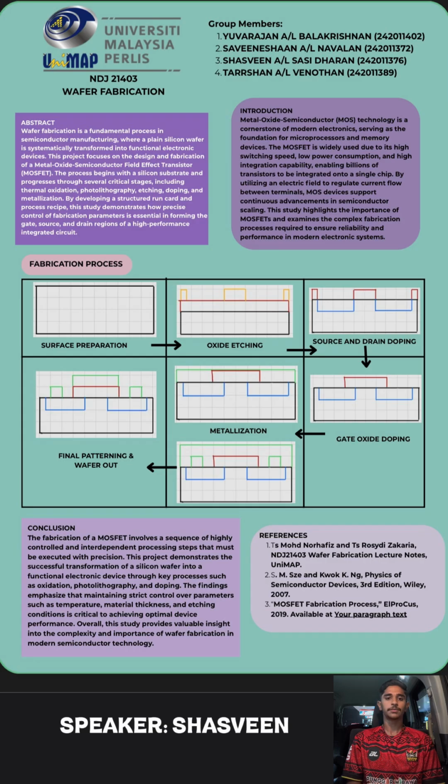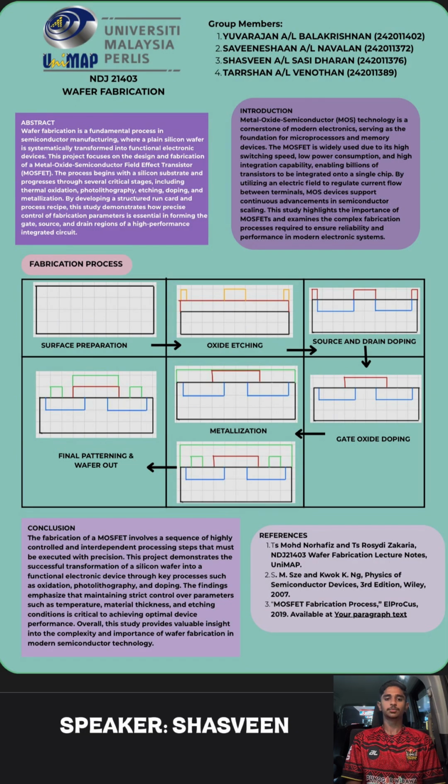Through these fabrication processes, the plain silicon wafer is gradually transformed into a complete MOSFET structure consisting of a substrate, source and drain regions, gate oxide layer, and gate electrode. These components work together to allow the MOSFET to control the flow of electrical current between the source and drain terminals using the voltage applied at the gate.